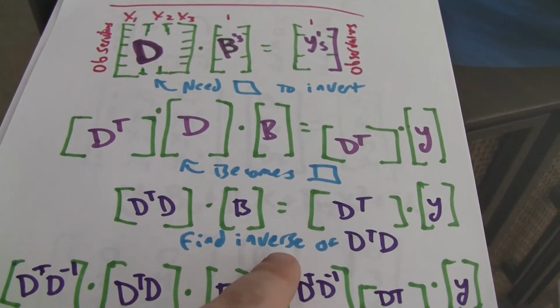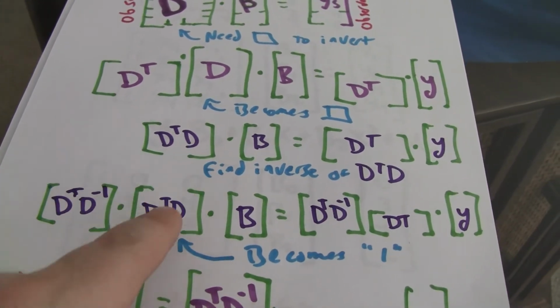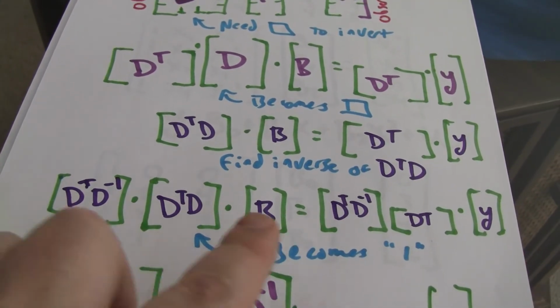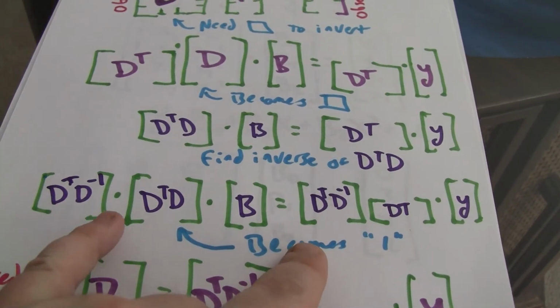And so then we're going to find an inverse of this square matrix and multiply both sides by that inverse, right?